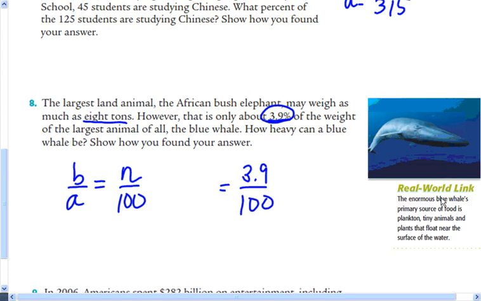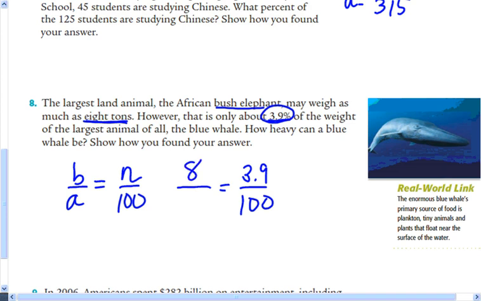So now we just have to figure out what's the part and what is the whole. And sometimes you have to read into the problem. It says the African bush elephant is not the largest animal of all, the blue whale is. So I think that the 8 tons that the bush elephant weighs is part of the amount that the blue whale weighs.